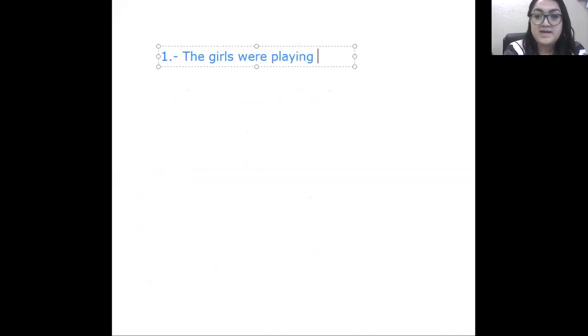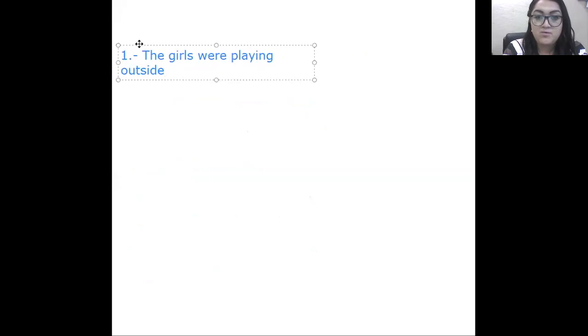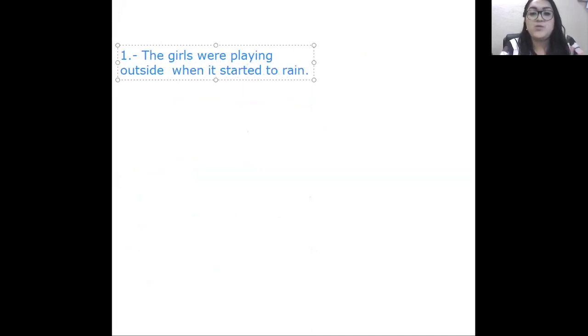Number 1. The girls, las niñas, were playing outside. Las niñas estaban jugando afuera when it started to rain. The girls were playing outside when it started to rain.